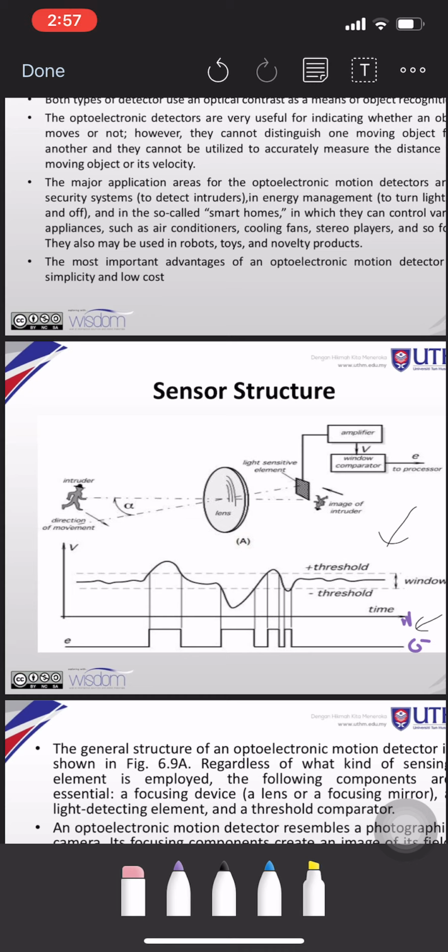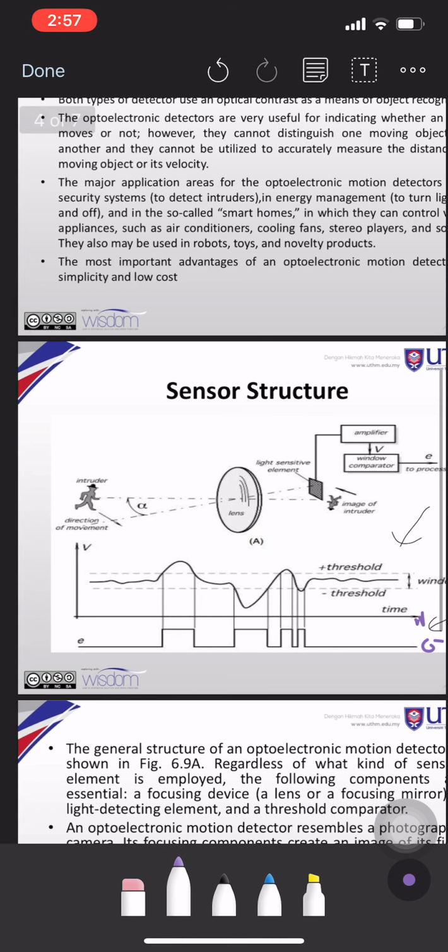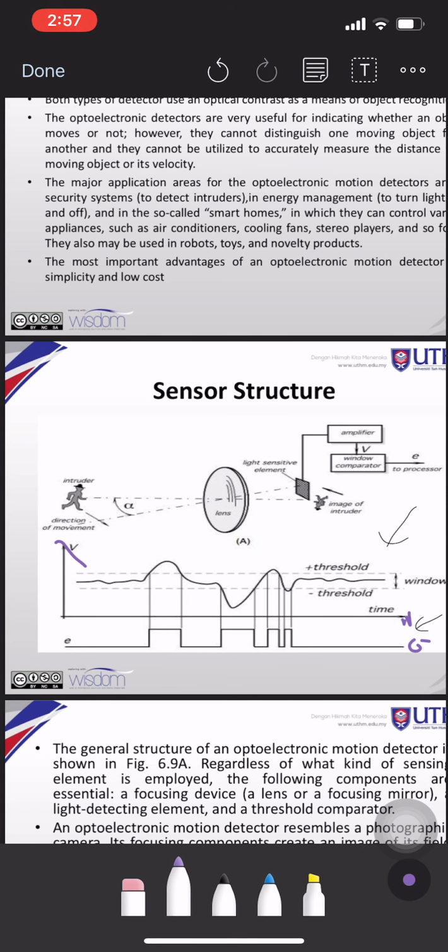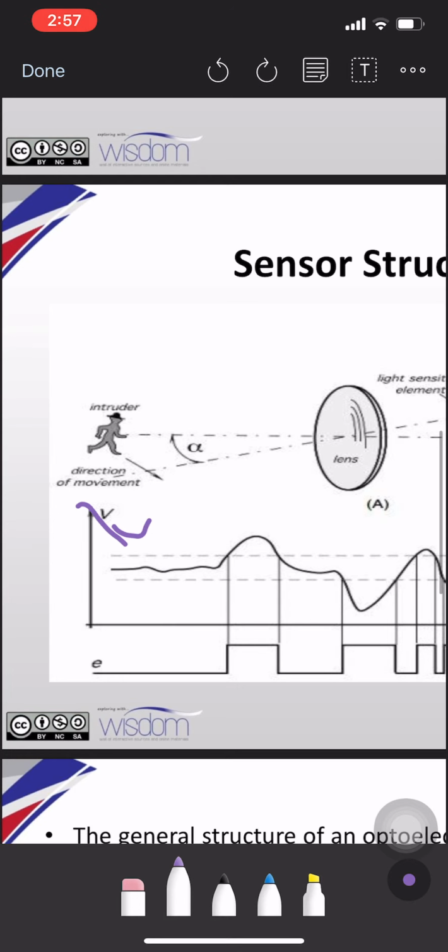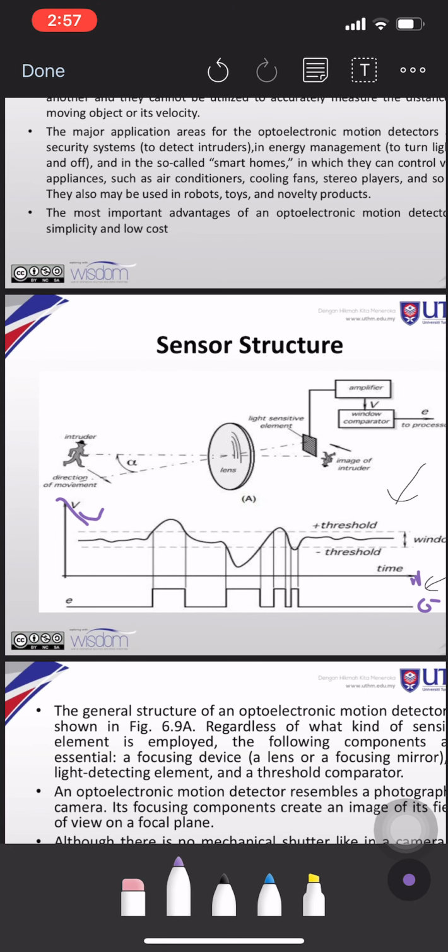If the room is unoccupied, meaning there are no people inside, the image is static and the output signal from the element is in a stable state. This is the raw data from the signal, and the output here is between the negative and positive thresholds, meaning there is no one inside the room.